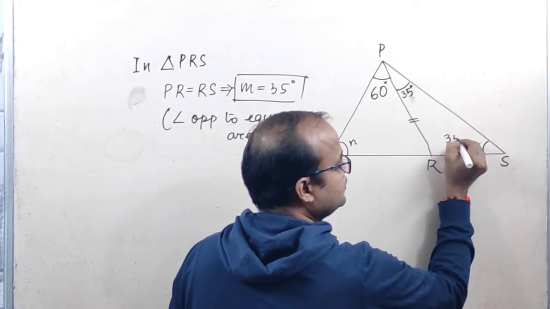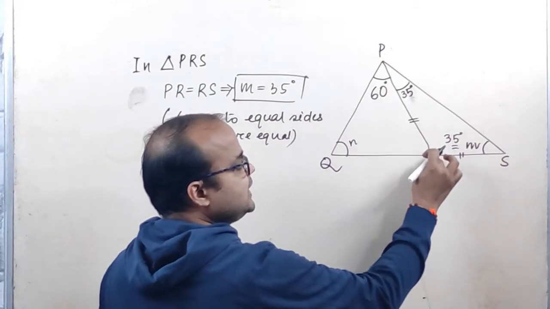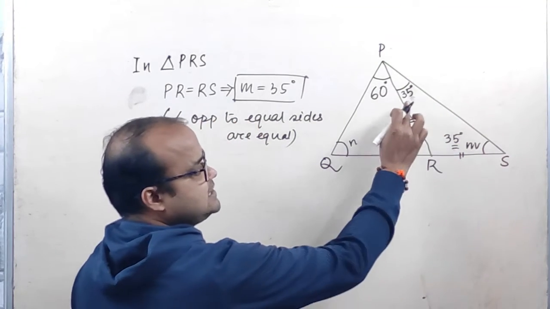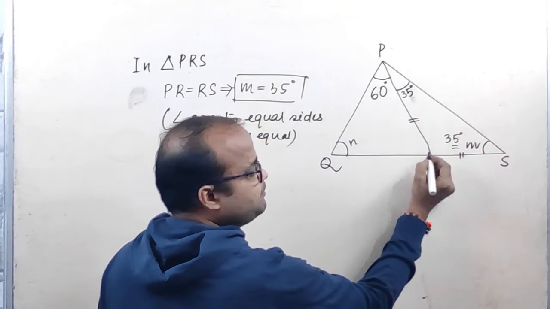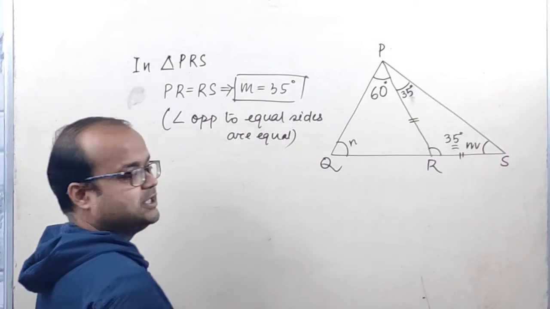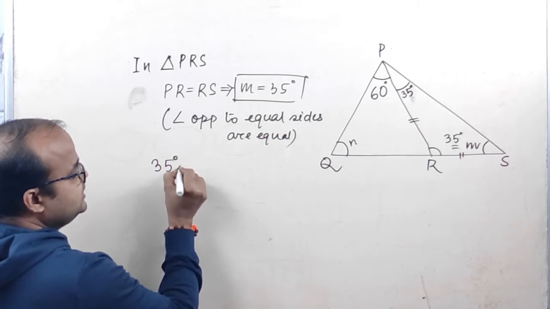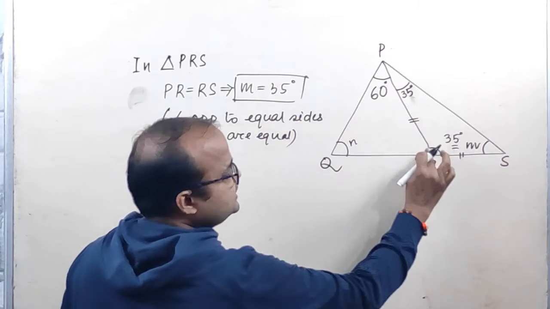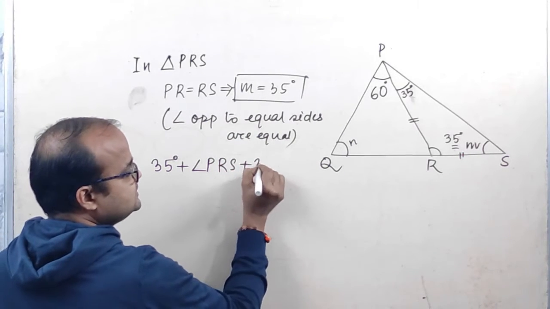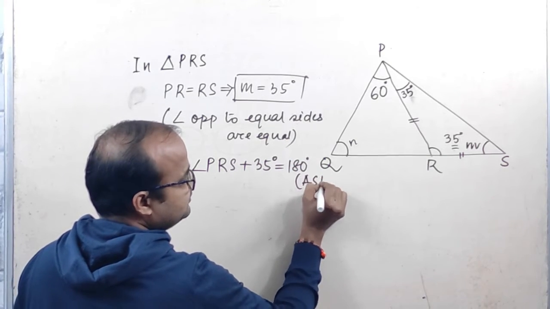So we'll get the value of M as 35 degree. Now apply the angle sum property in triangle PRS. So we can say that 35 degree plus angle PRS plus 35 degree equals to 180 degree, angle sum property.